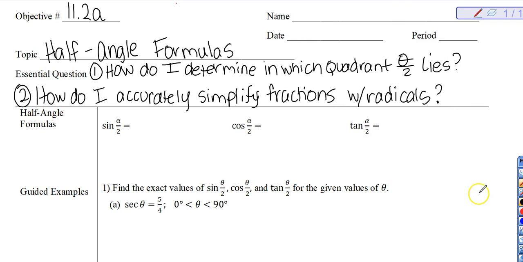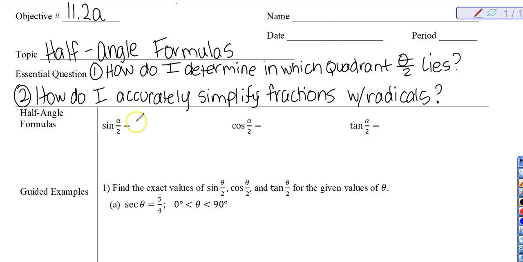Okay, so here we have the formulas, and I'm not going to derive them. I'm just going to provide them for you. The sine of half alpha goes like this.